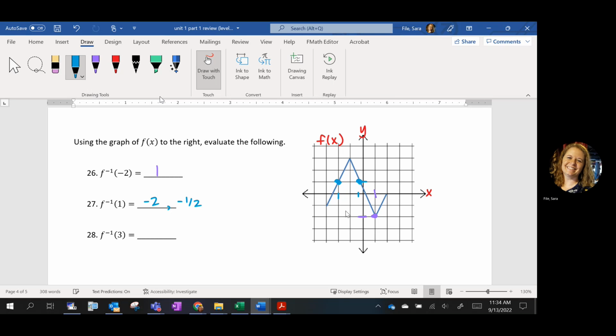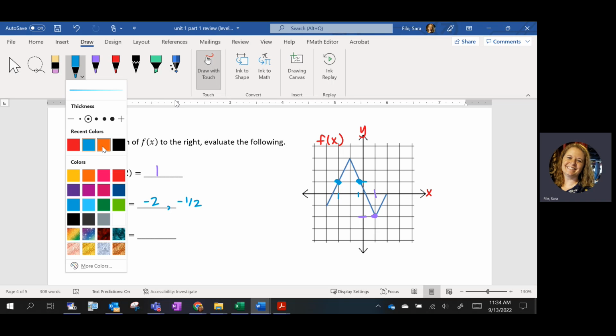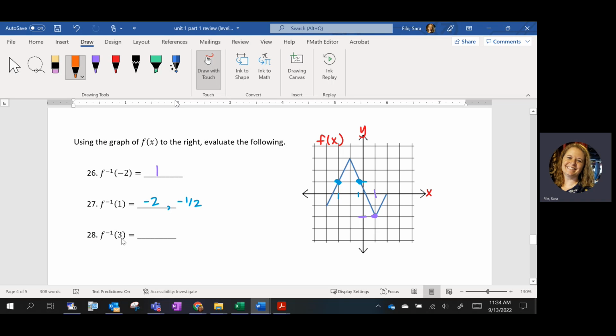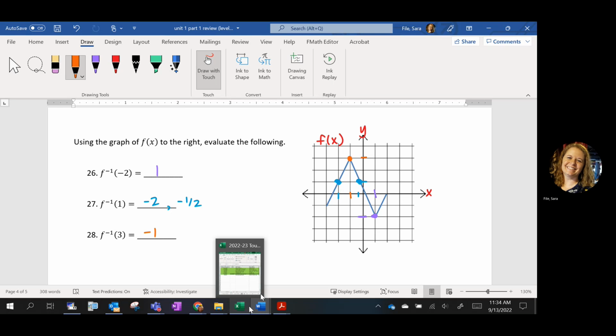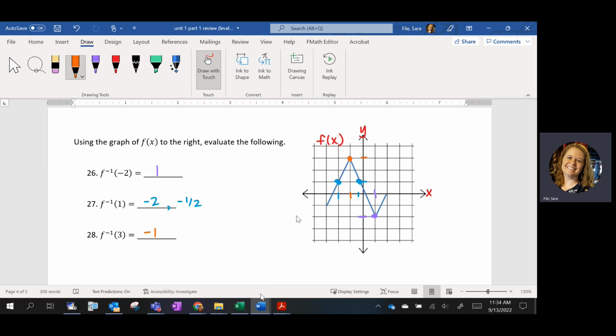And then we're looking for the input on the inverse to be 3. That's the output on the original to be 3, which would be here. So there's my graph. What's that x value? -1. Good.